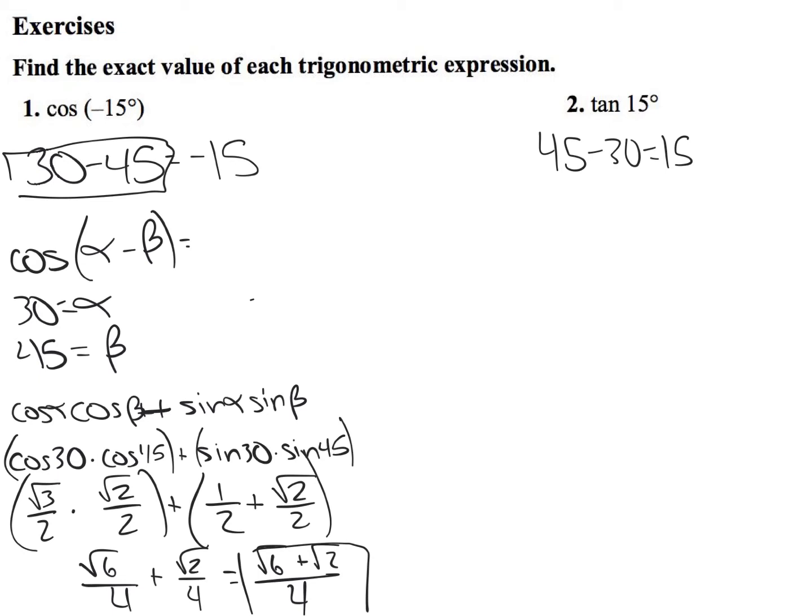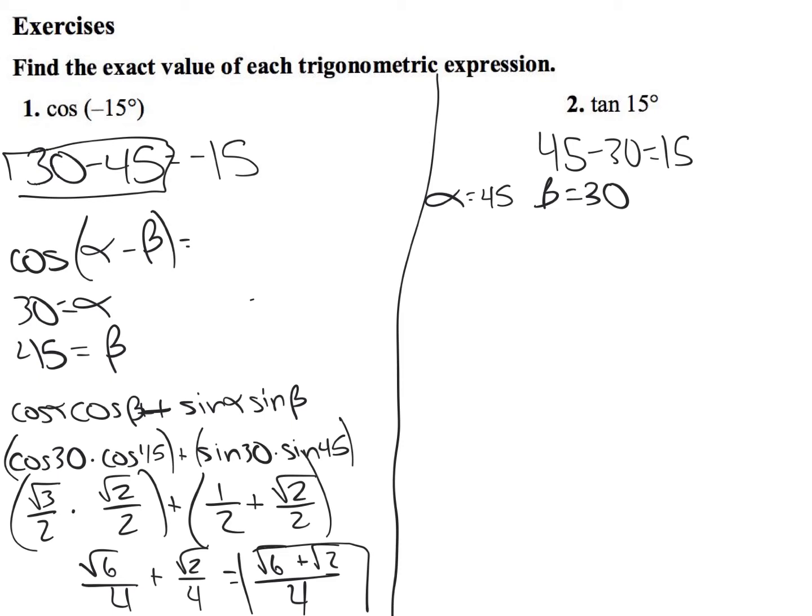Okay, let's take a peek at B. Tangent always poses the difficulty because tangent always has more difficult things. So what we're looking at with this one is 45 minus 30. So alpha is 45 and beta is 30. That's just going to tell us which ones we're going to use. Looking at the tangent, we are once again using the difference formula because this is 45 minus 30.